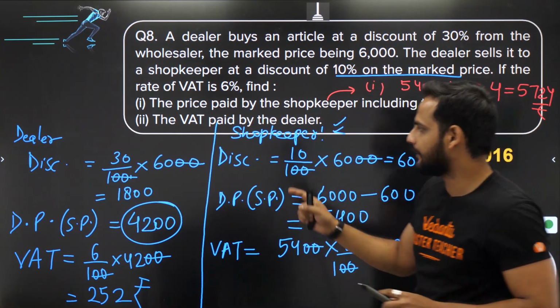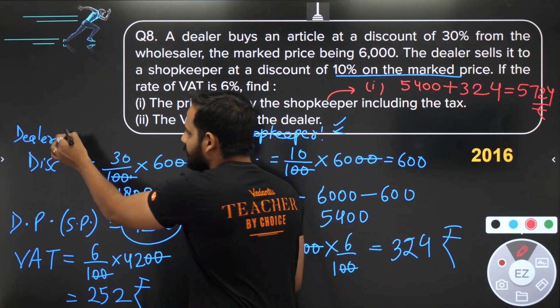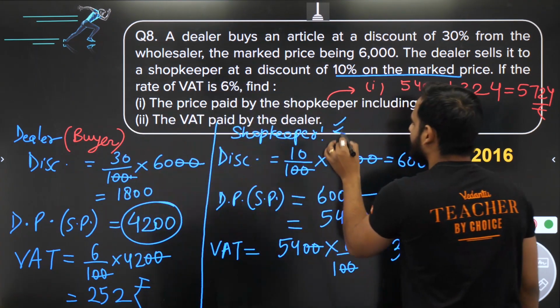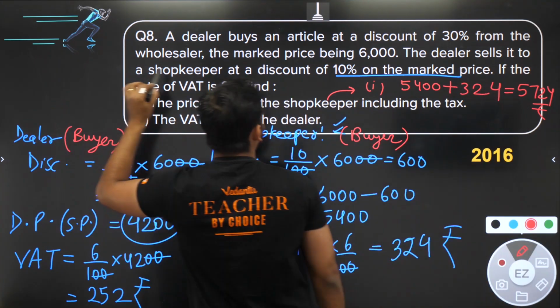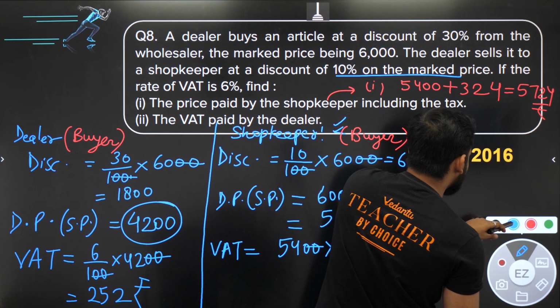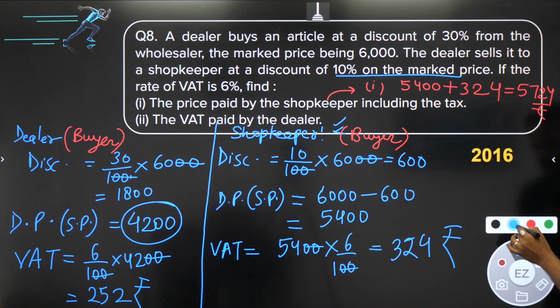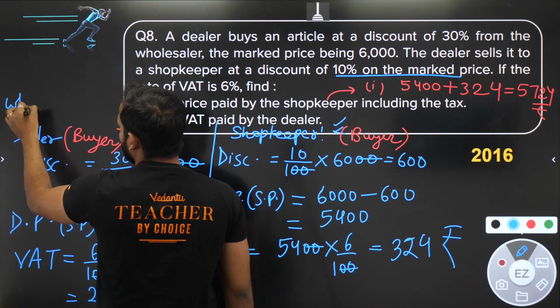So in this case, bachcho, if the dealer is buying, this dealer is the buyer. And here the shopkeeper is the buyer, or the consumer you can say. When the dealer is the buyer, who is the seller?